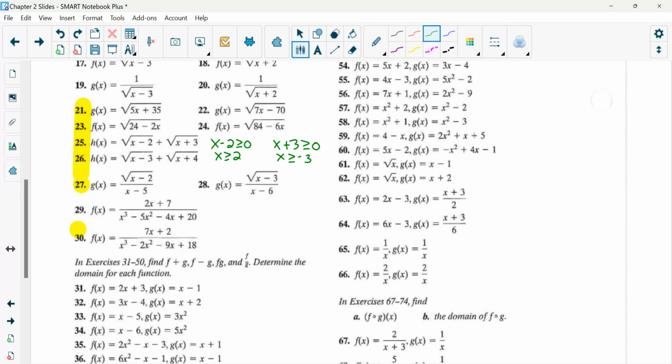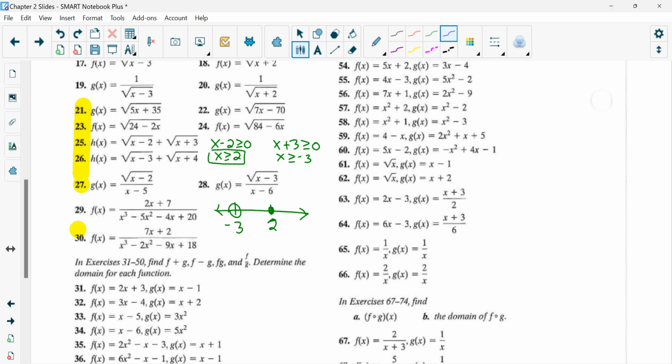And if I look at my other answer, if I plug negative 3 in here, negative 3 minus 2 is negative 5, and I can't take the square root of negative 5. So my answer is going to be just this one. The other way you can think about it is with a number line. Here is 2 with a closed dot. Here's negative 3 with an open dot.